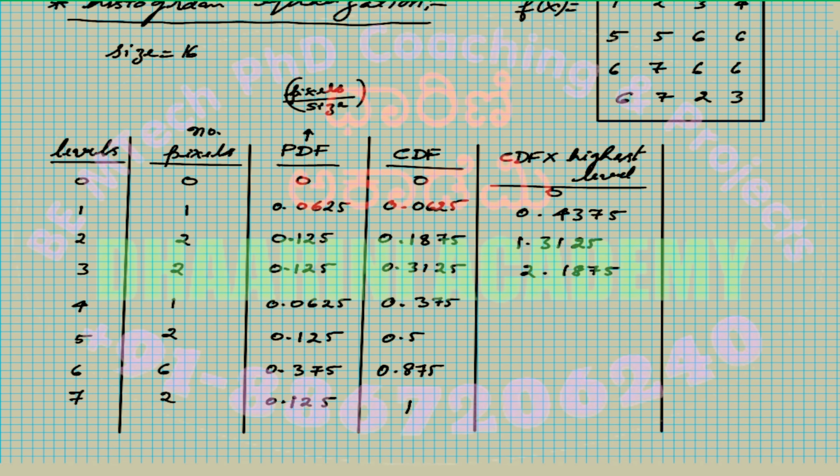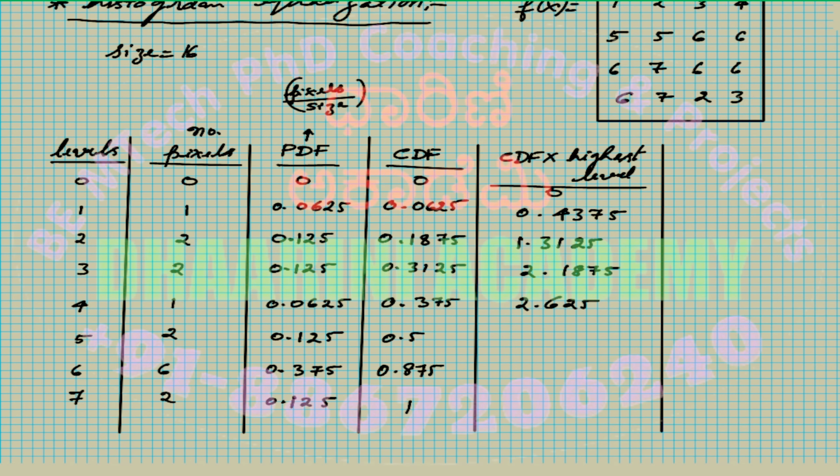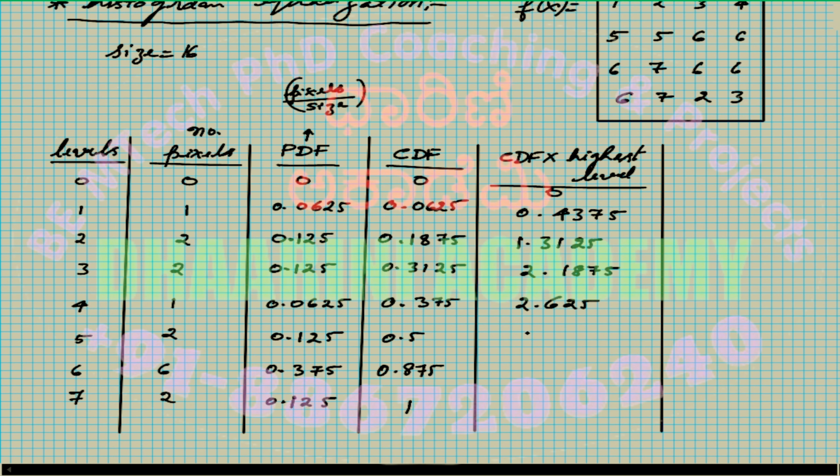Next number, 0.375 into 7 is 2.625. Then 0.5 into 7 is equal to 3.5.